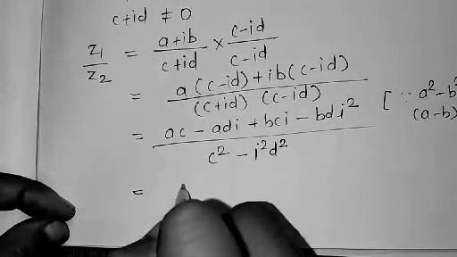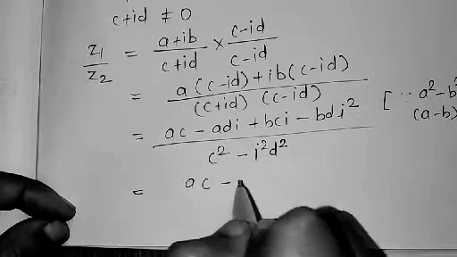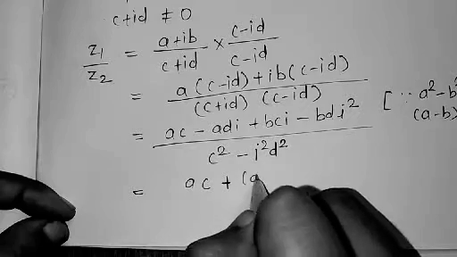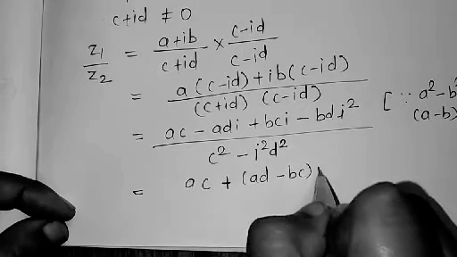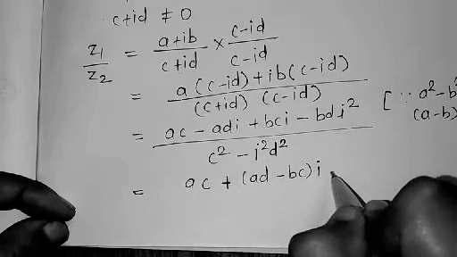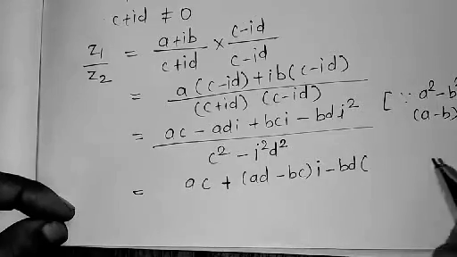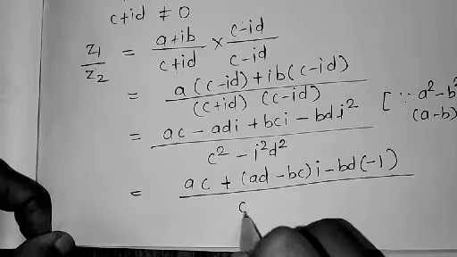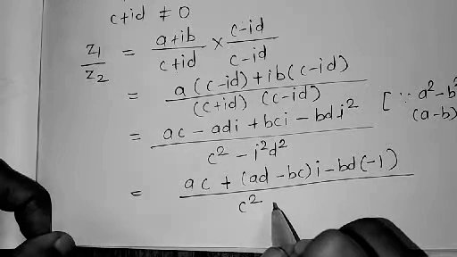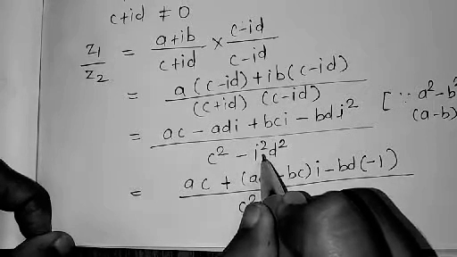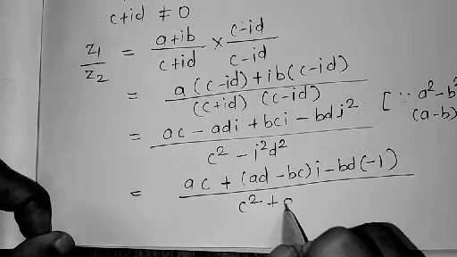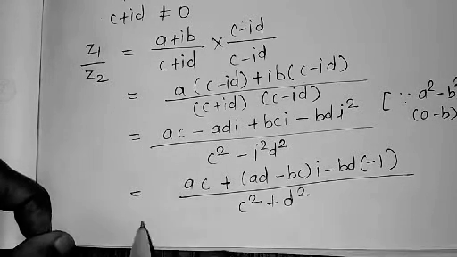Now here ac plus ad minus bc iota, this minus bd iota square, and iota square is nothing but minus 1, upon c square minus iota square, where iota square is nothing but minus 1, and minus minus gets plus, so c square plus d square.